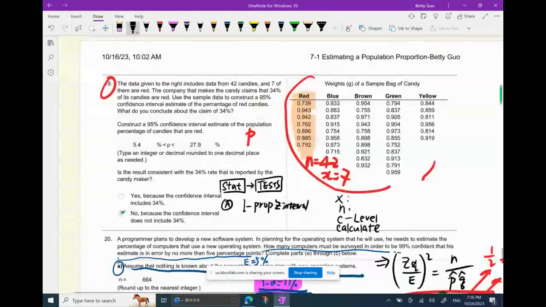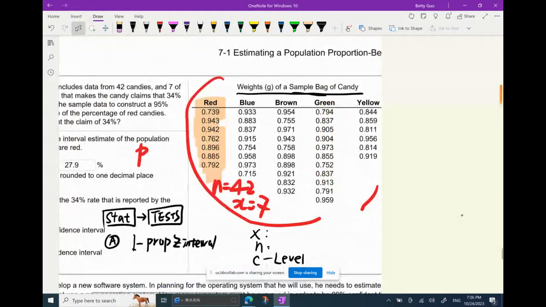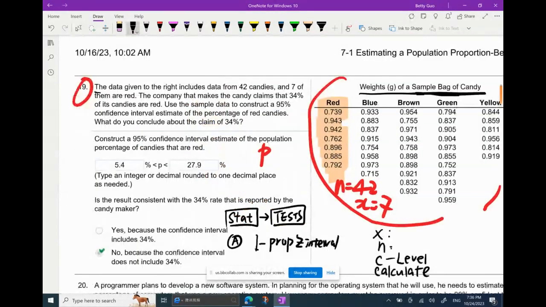That's a good question. As you can see, the bunch of numbers says weights of a sample bag of candy. We don't have to count how many values are in the data set because it's given.